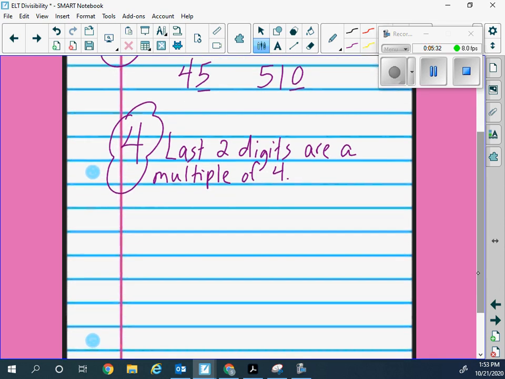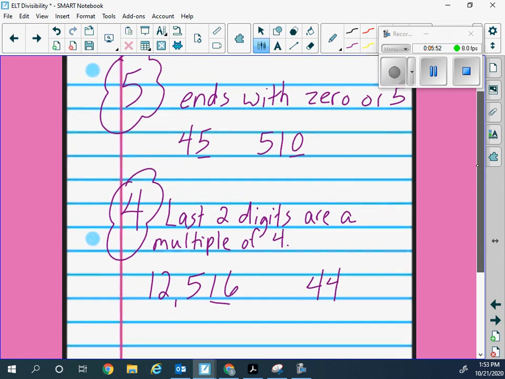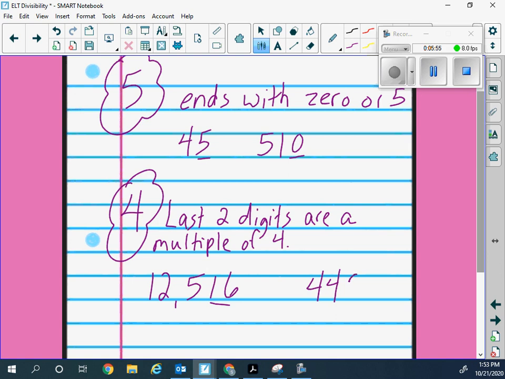Like in the number 12,516, all I care about are the last 2 digits. 16 is divisible by 4, therefore that entire number is going to be divisible by 4. Isn't that cool? Unlike this number, 4433. 33 is not a multiple of 4, unlike 16, which is a multiple of 4. Okay?